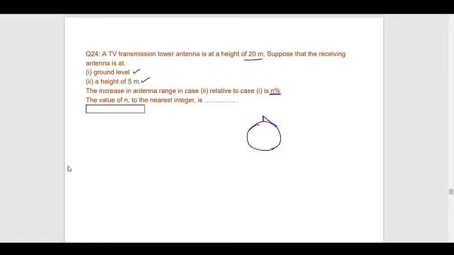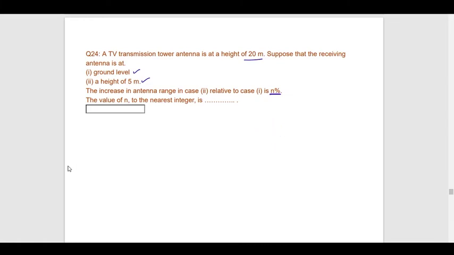So the range of the antenna is somewhat here. In the second case, the receiver is now mounted on a height of 5 meters. So obviously the range of received signal is going to increase, right? So the question is asking what is the percentage change in these two cases.